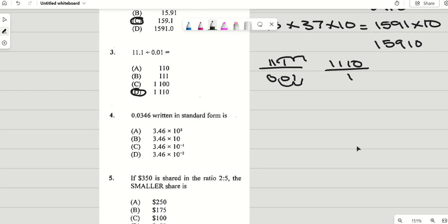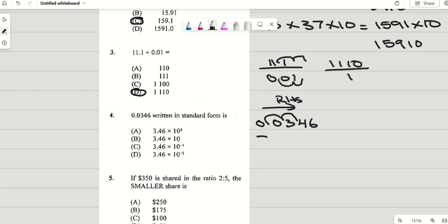Number 4, give this number written in standard form. The aim in standard form is to have 1 digit in front of your decimal. So you take your decimal point and shift it 1, 2, going to the right hand side.